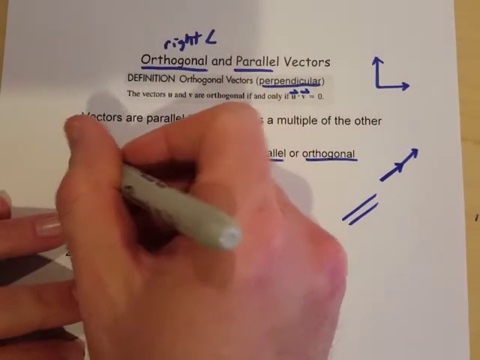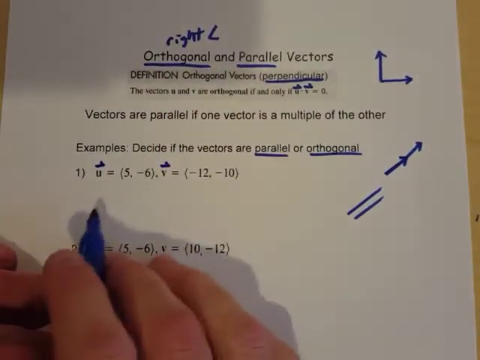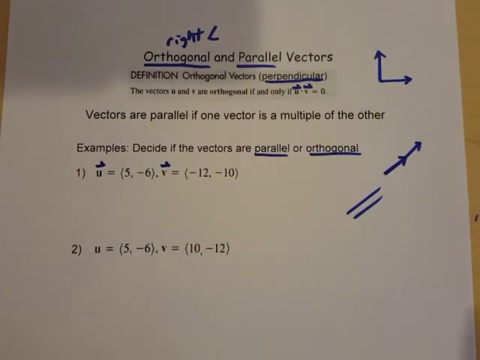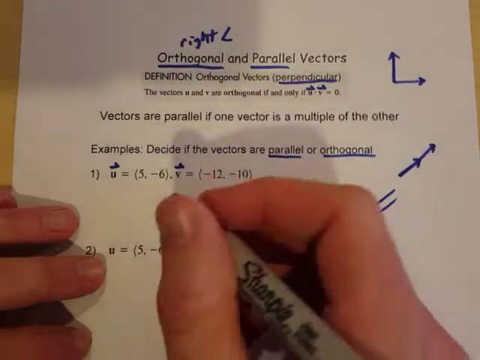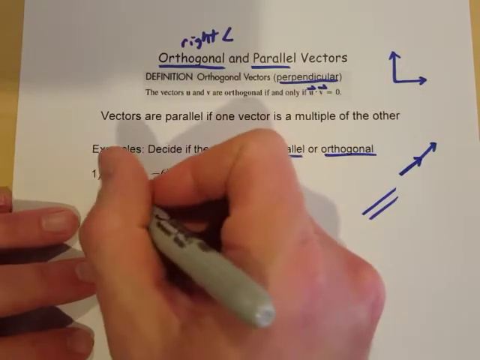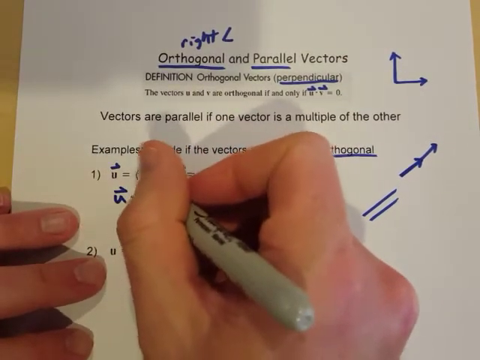But with these two examples, just deciding if they're parallel or orthogonal, so perpendicular, just take the dot product to start with, because if the dot product does equal 0, then we can just stop there and say orthogonal. So part 1 here, we've got u dot v in this one.